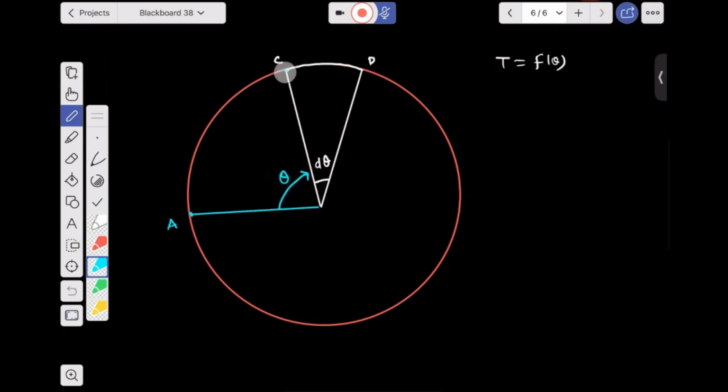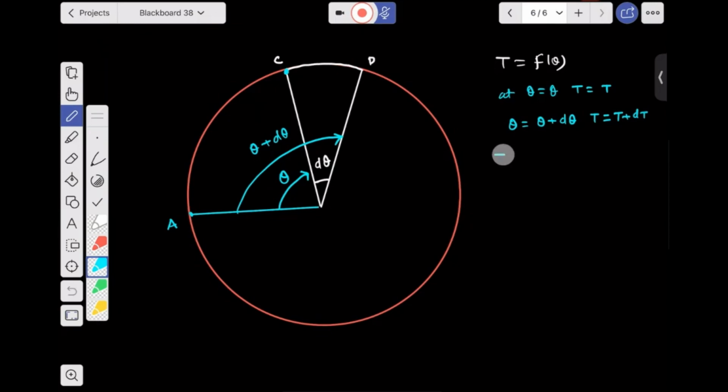The point C is at an angular distance theta, but the point D is at an angular distance theta plus d theta. If at theta the tension is T, then if I change theta from theta to theta plus d theta, the tension will also change. It will be T plus dT.